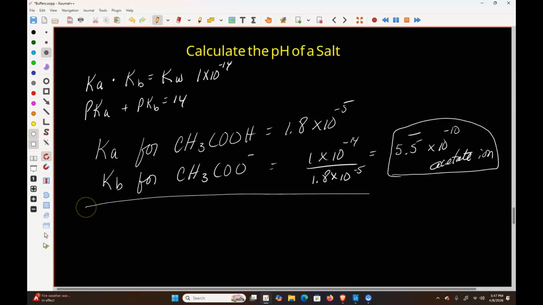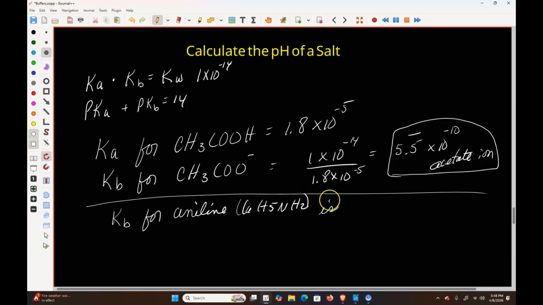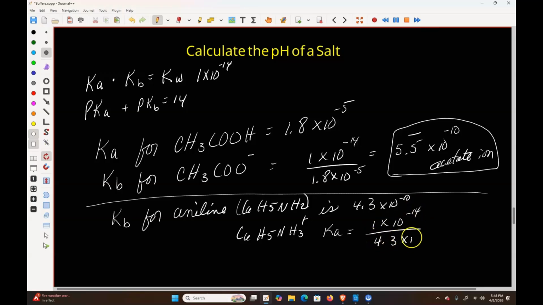Okay, let's try another one. The Kb for C6H5NH2, if this is 4.3 times 10 to the negative 10, so for its ion, C6H5NH3 plus, the Ka would then be 1 times 10 to the negative 14 over 4.3 times 10 to the negative 10.